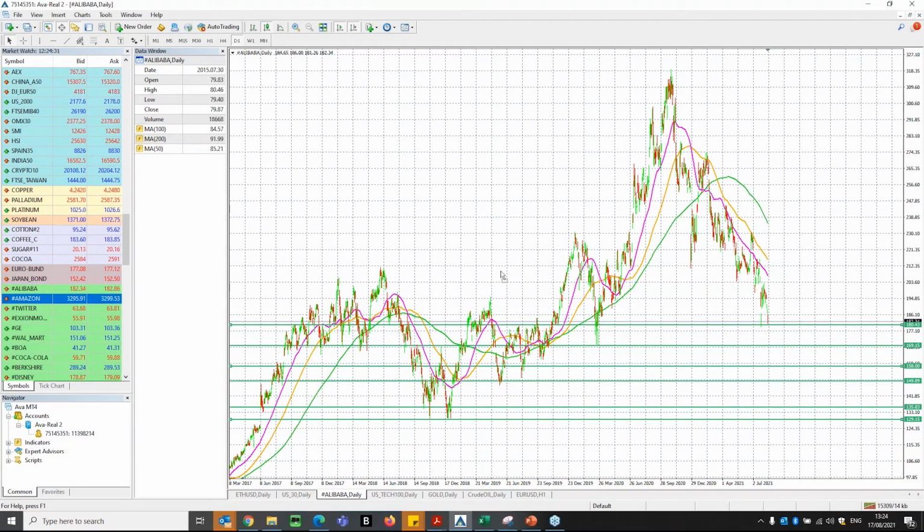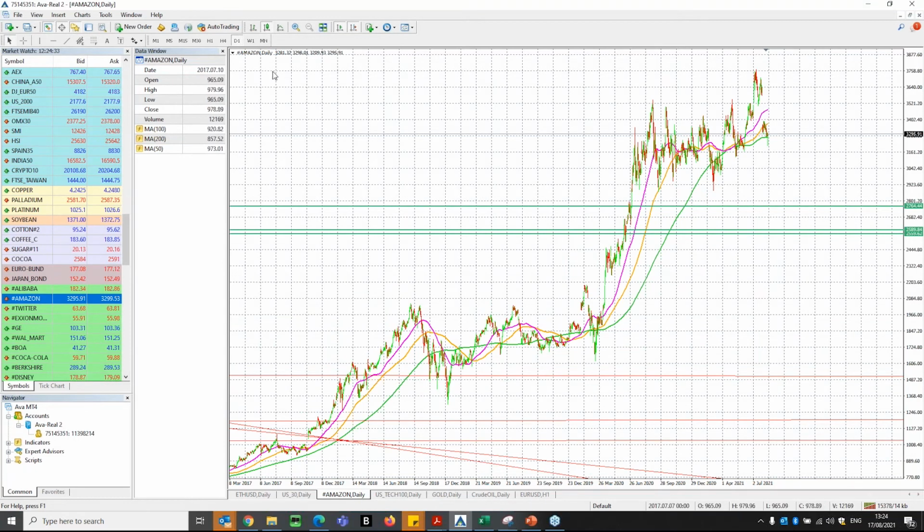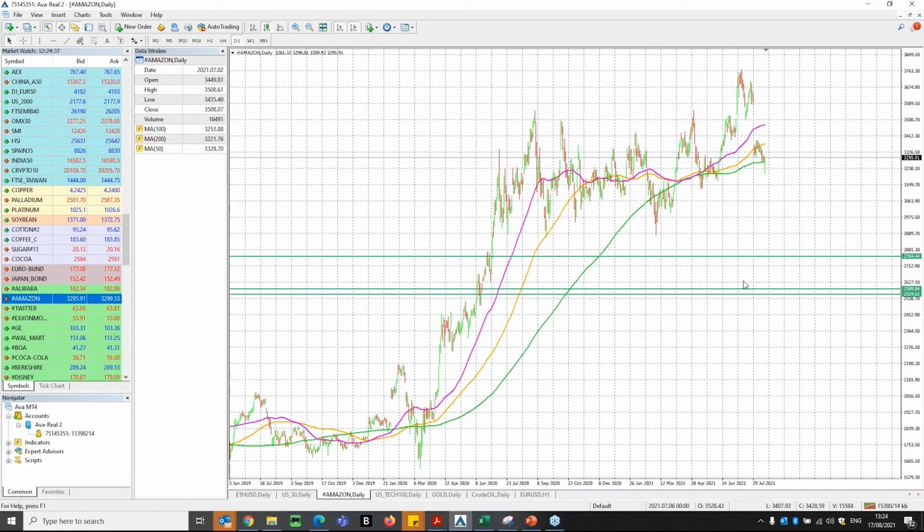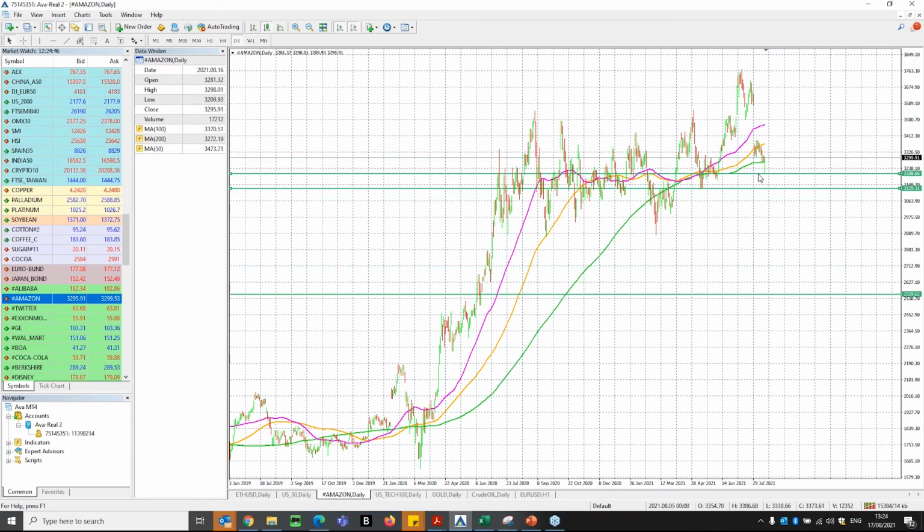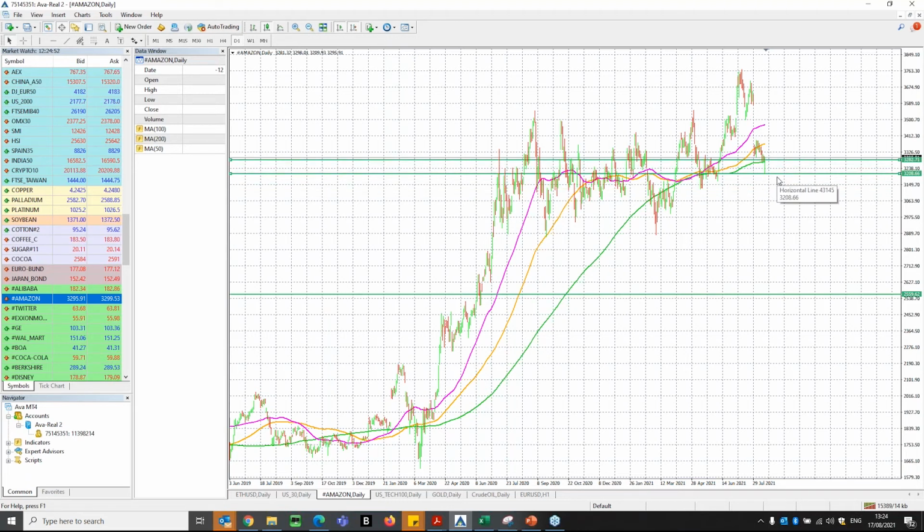Now with Amazon, a very similar situation over here as well. Prices are at an attractive level right now. So the first area of buy for me is going to be where the prices are trading right now. So just over here. Or even you could say that this could be an area of support number 1.